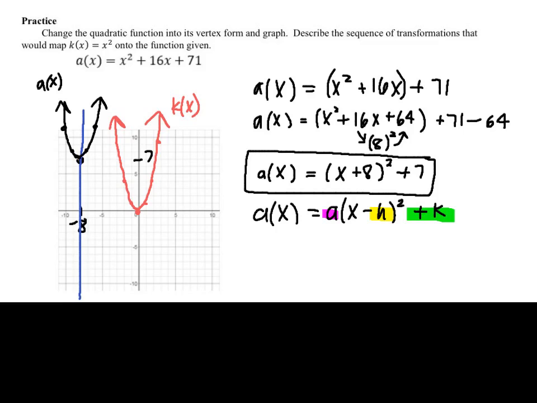So in this case, again, the parent function is just x squared.